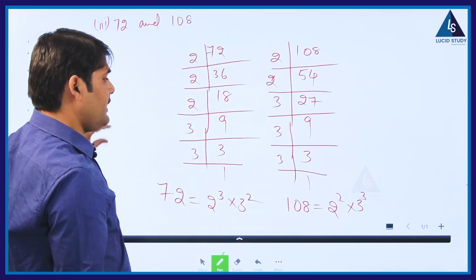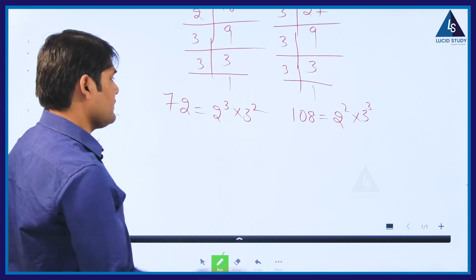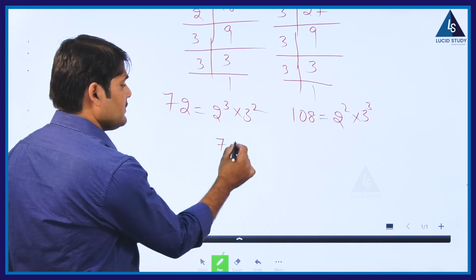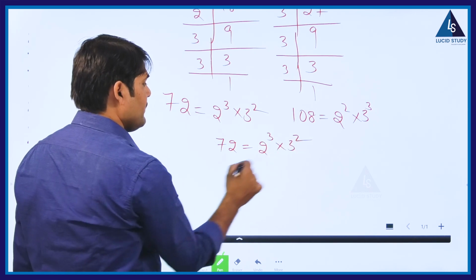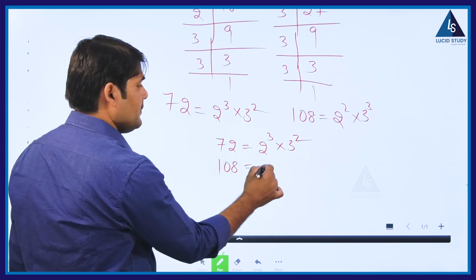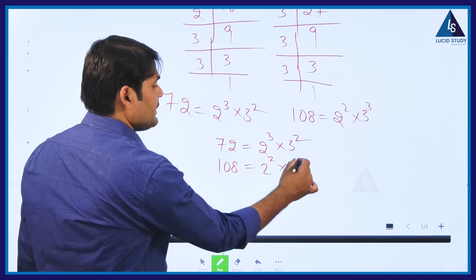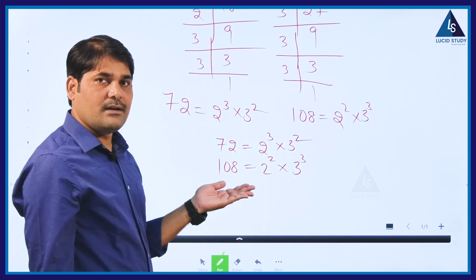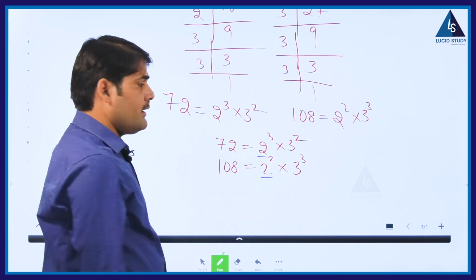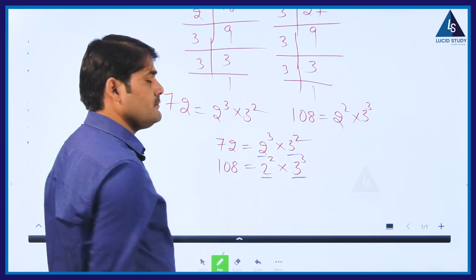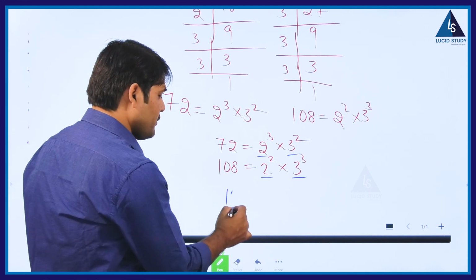Now see how to find HCF of these two numbers. I told you 72 is equal to 2 cube into 3 square and 108 is equal to 2 square into 3 cube. What are the common factors in these two? Here 2 is common in both and 3 is also common. Now how to find HCF?